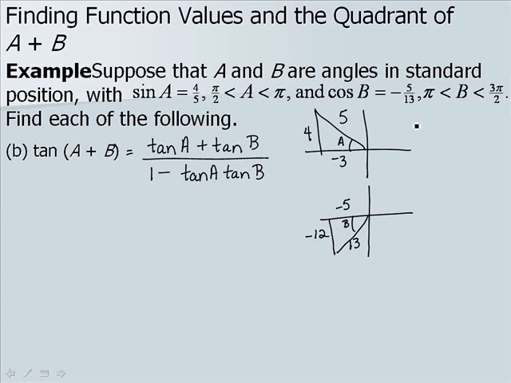So let's find the tangent of a. It is going to be the opposite over the adjacent, so we'll get 4 over negative 3, or negative 4/3. And then we want to find the tangent of b, which would be the opposite over the adjacent. So we have negative 12 over negative 5, or 12/5.